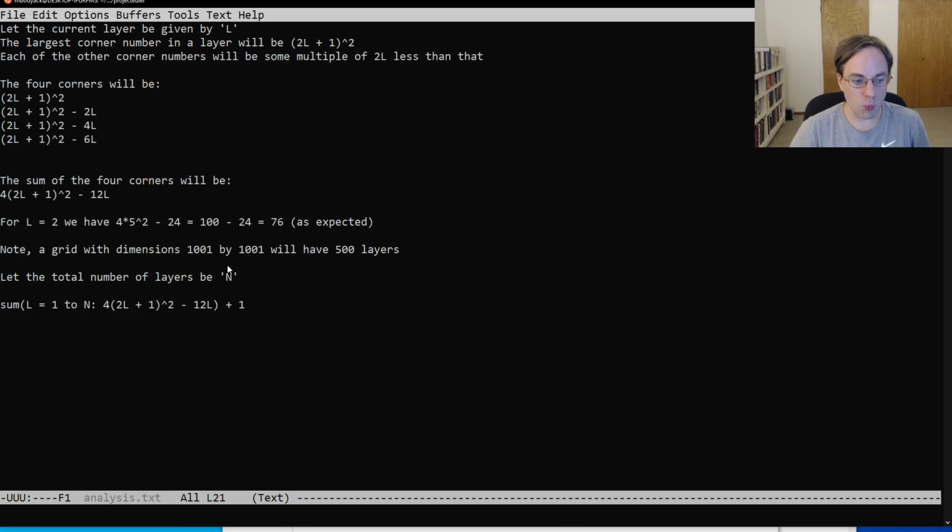So this is just that 1 in the very center. It's not part of a layer. We're just handling that on its own. Okay, so let's expand this out. So this is going to be 4L squared plus 4L plus 1.